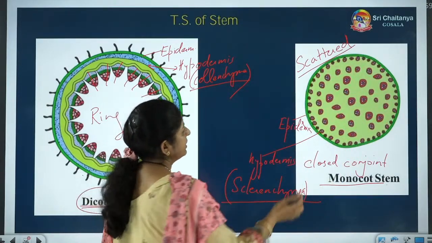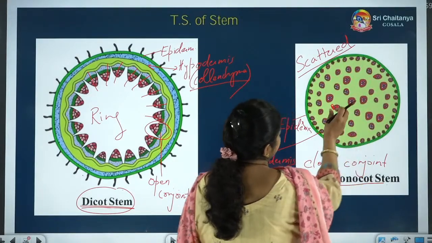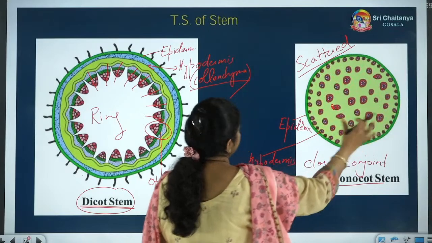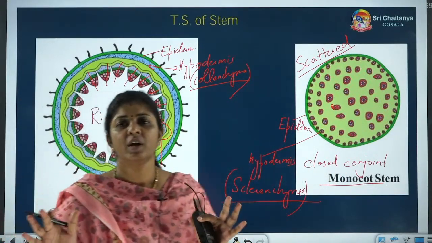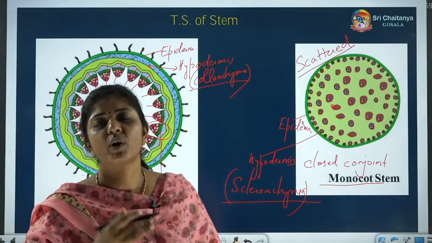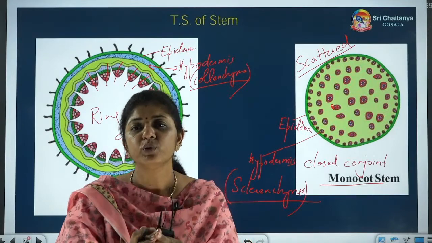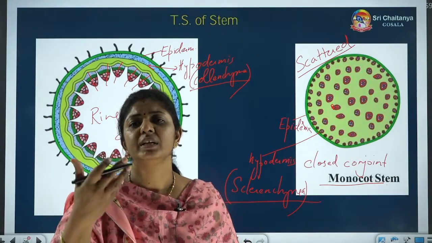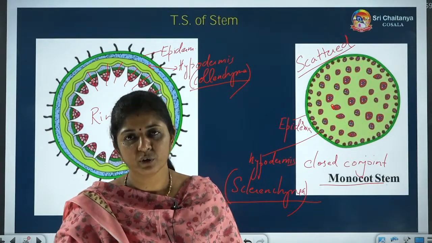Xylem and phloem, right? So here the xylem and phloem are scattered like bundles, one after the other. But here they are arranged into a ring. Only this much. We will not go cell to cell. But we have to show you when you cut it, what view you will see inside a stem or a root.